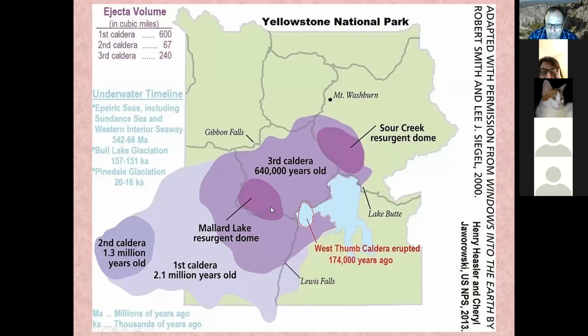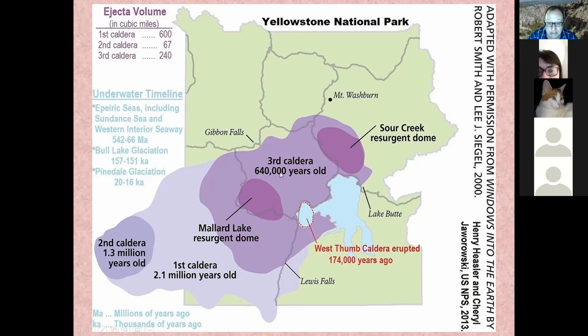Yellowstone has formed due to what we call the super volcano, the caldera collapse. Okay, and again, based on plate movement, you're able to see which way the plate in that area has moved. Here's the first caldera, 2.1 million years ago, 1.3 million was the second.